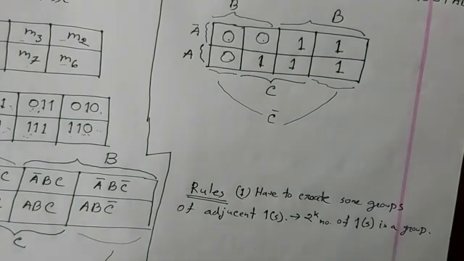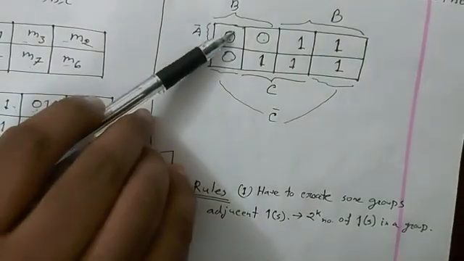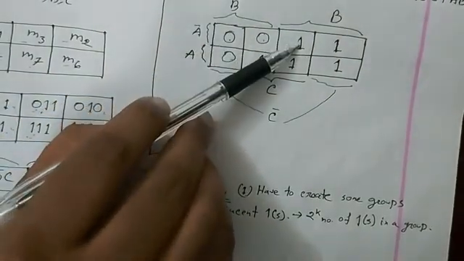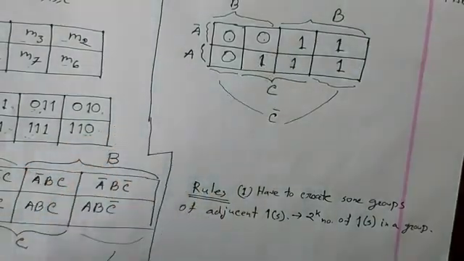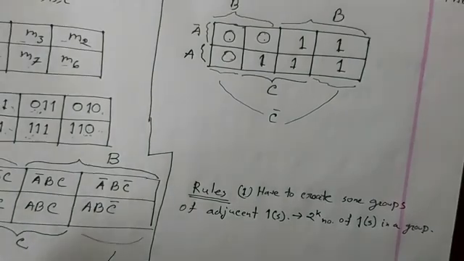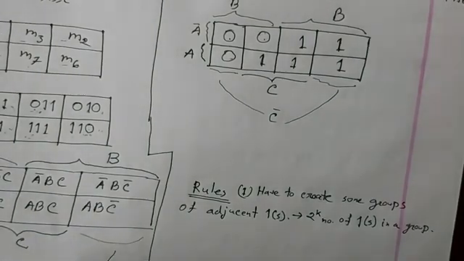And the ones have to be adjacent. Suppose one 1 is here and another 1 is there, they cannot make a group because they are not adjacent. So that is rule number 1.